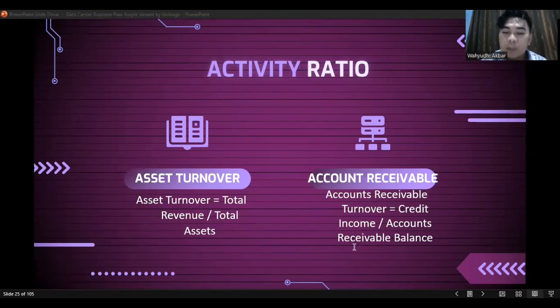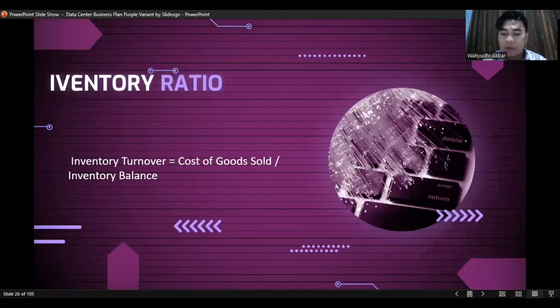The fourth one, we have activity ratio. In activity ratio, we have two, that is asset turnover equals total revenue divided by total assets. And the second one, accounts receivable turnover equals credit income divided by accounts receivable balance. The next one, we have inventory ratio.